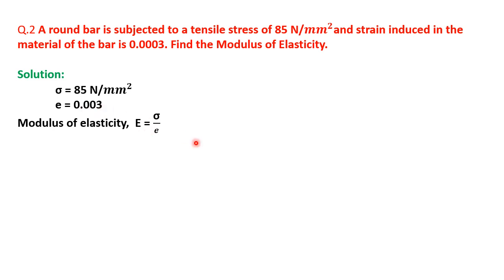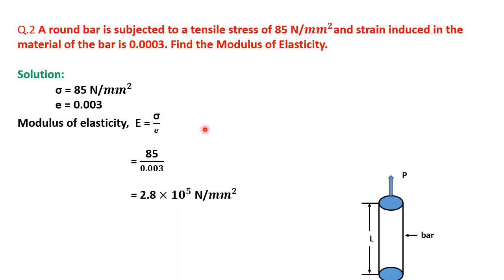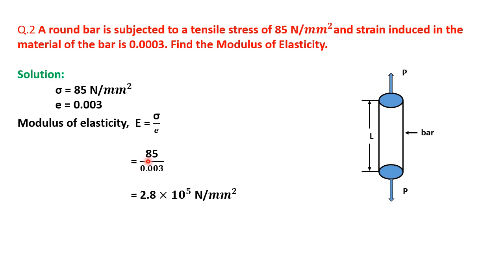So we simply need to put these values in this equation so that we can get the value of modulus of elasticity, that is 2.8 into 10 to the power 5 Newton per mm square. So this is the answer for the modulus of elasticity, and it is denoted by the term capital E.